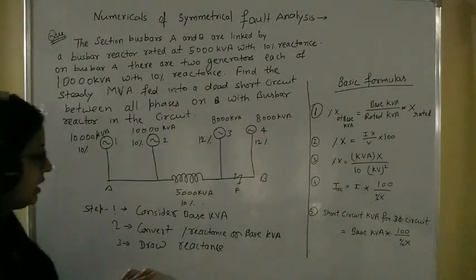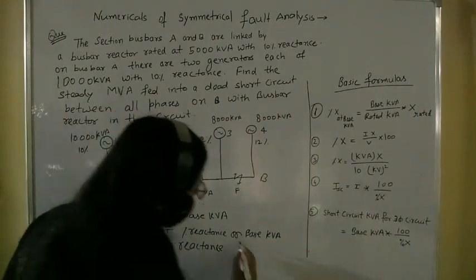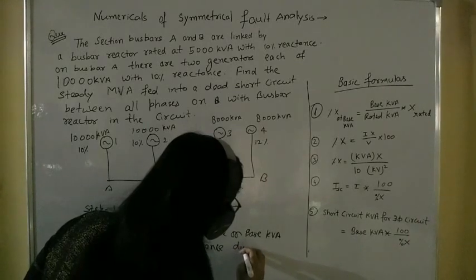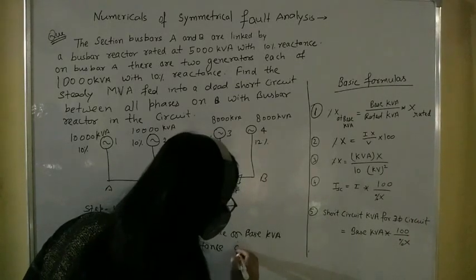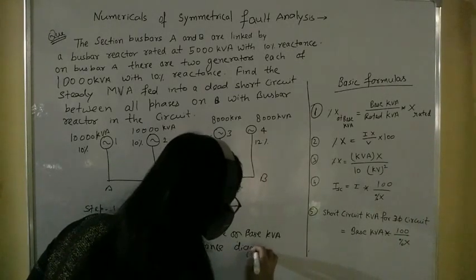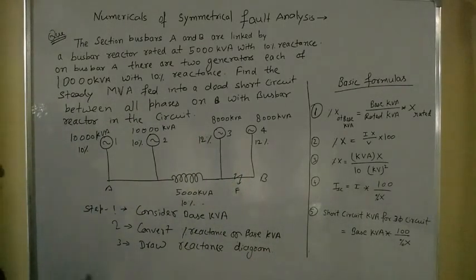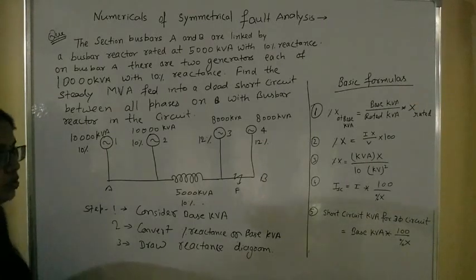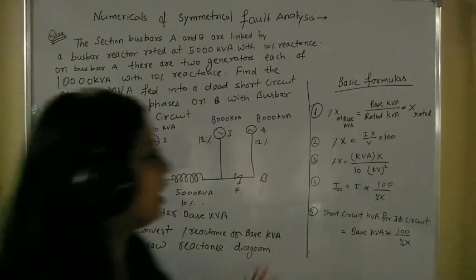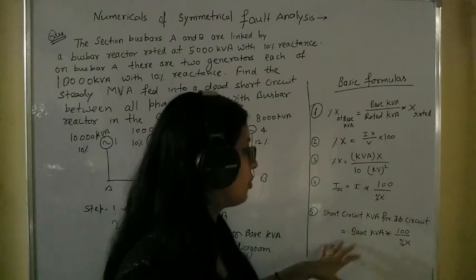So for that we will draw the reactance diagram. This is the third step. Now in the fourth step, what you will do, we will just put all the values in these type of equations.